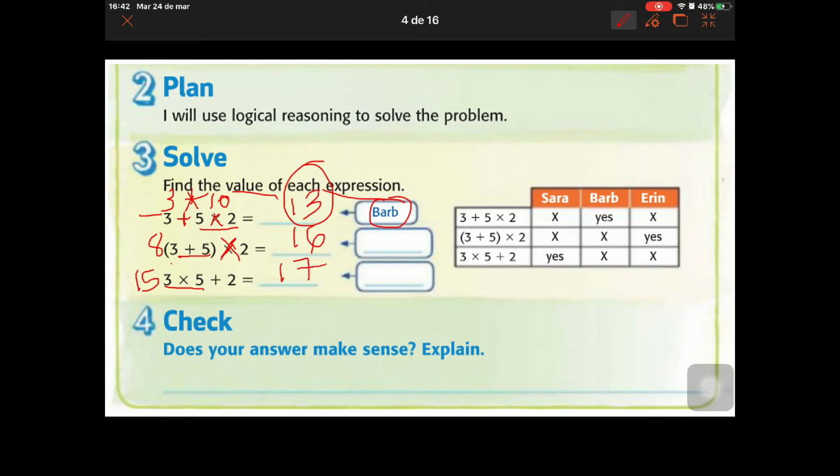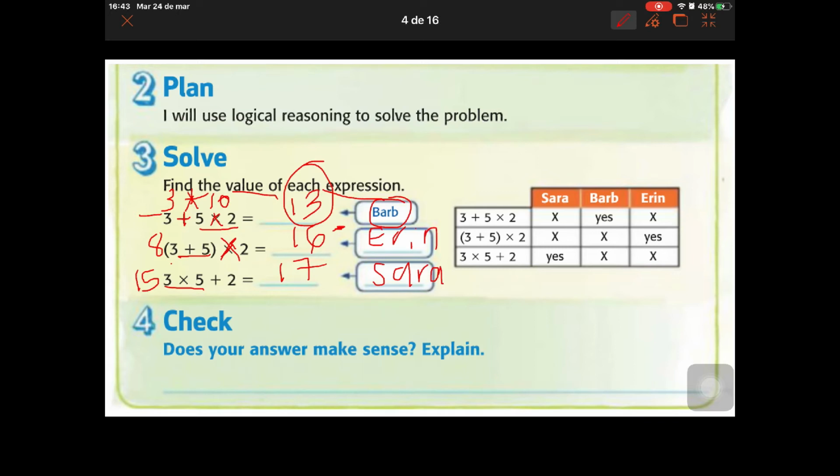So now we have that this number is an even number, right? And in the last slide, we saw that the value of Erin's expression was an even number. So this one is from Erin. So the last one is gonna be from Sarah, right?